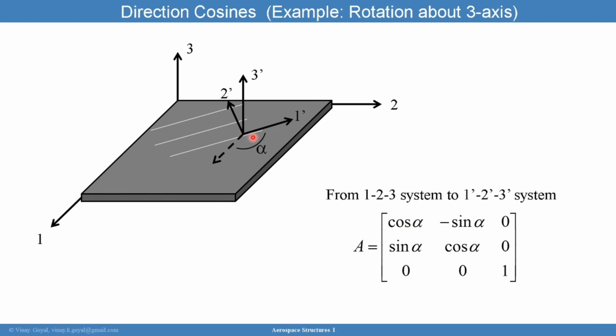So I invite you to perform the calculations and see if you're able to get that. And then you can go on with filling the rest out, but that's an example of rotating about 3.